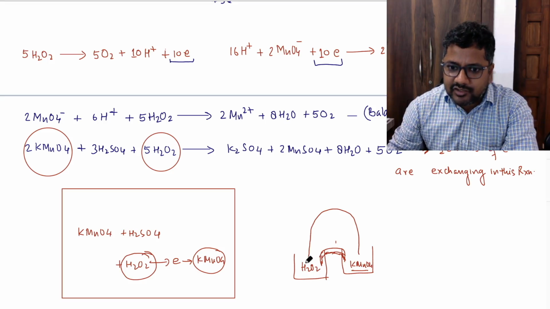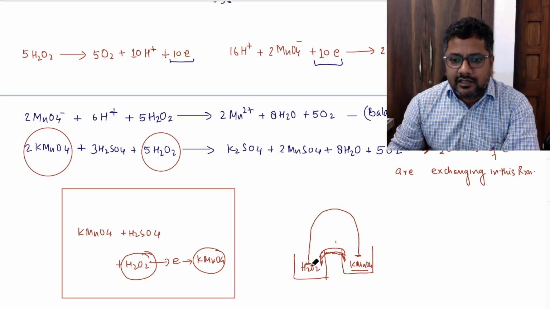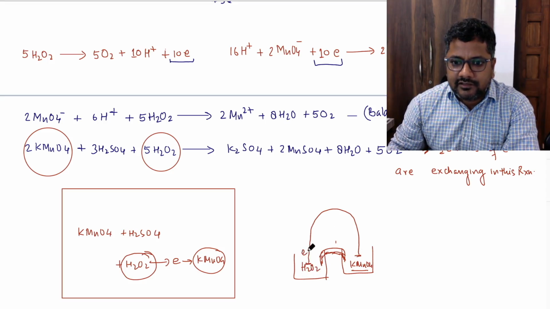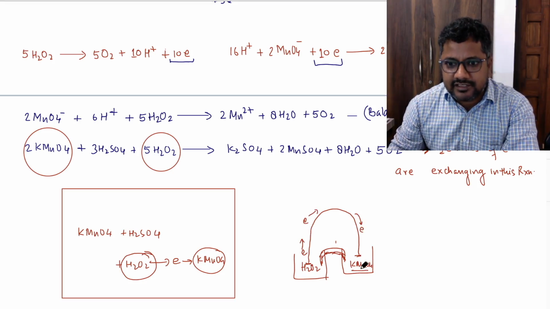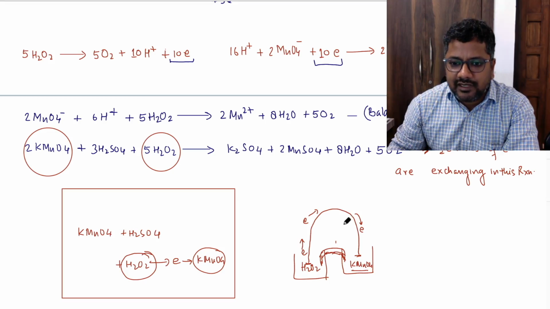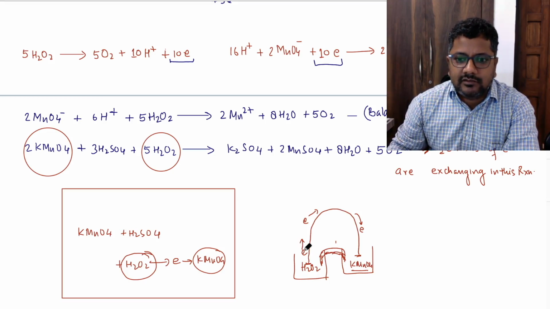So is it possible that we can exploit these electrons which were lost in oxidation, and these electrons are transported through an external circuit to the KMnO4, and KMnO4 will accept these electrons. So in between the path of these electrons, we can do some work, because flow of electrons is basically current.